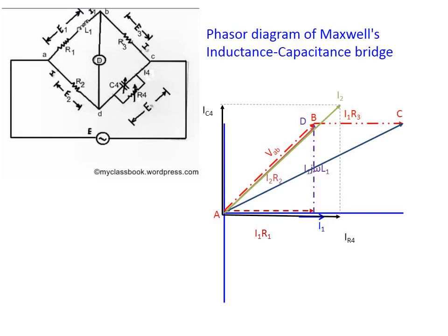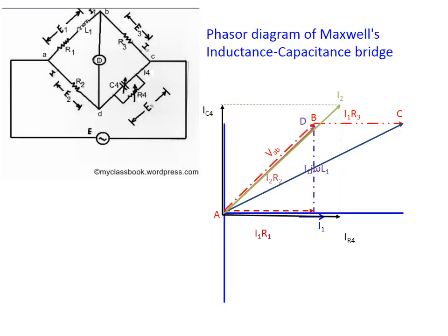The current I2, when it reaches node D, gets divided into two parallel paths, IR4 along resistance R4 and IC4 along capacitance C4. The voltage drop created by IR4 passing through R4 is IR4 into R4.